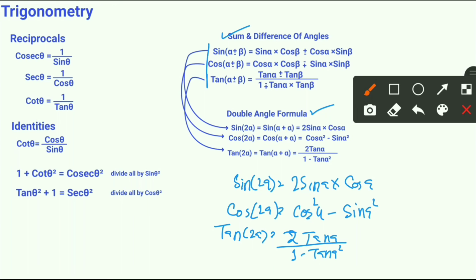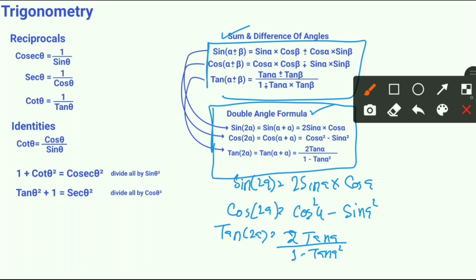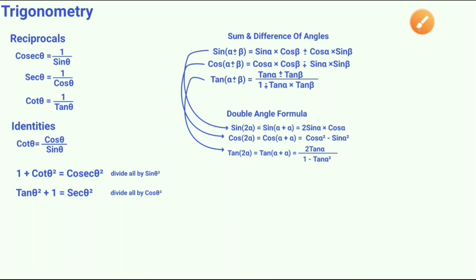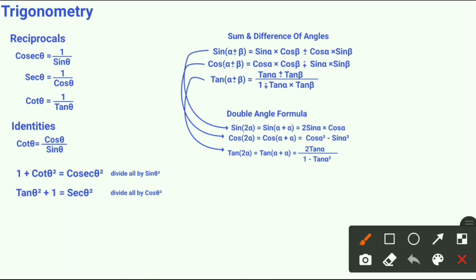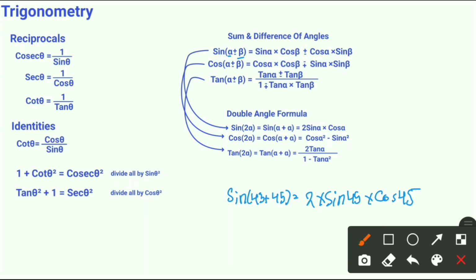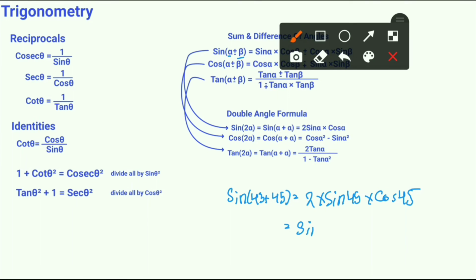This is the sum of difference of angles. Actually they are all the same thing, just a different concept about how you look at it. There are different angles A and B, and there's the same angle, but let's say sine of 45 plus 45, then I can write it down as sine 45 cos 45 plus sine 45 cos 45.